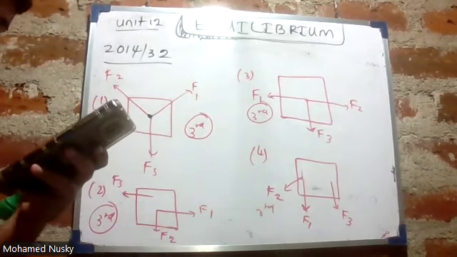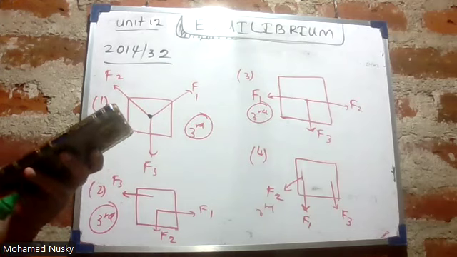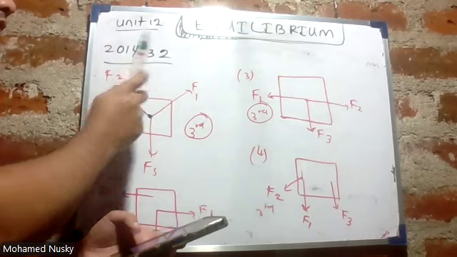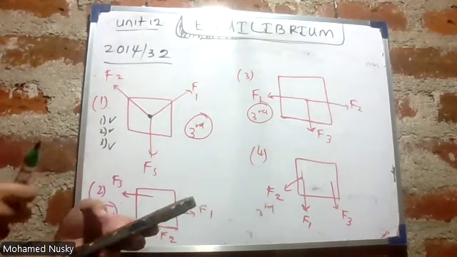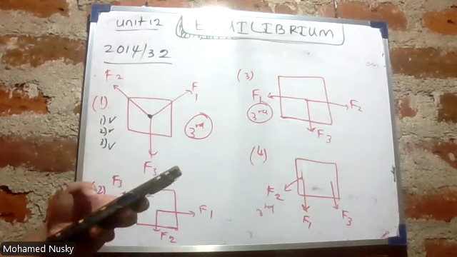What is the third condition? Resultant of any two forces should be equal in magnitude and opposite in direction to the third force. Yes. Here, the resultant of F1 and F2 will be equal to F3 and opposite to F3.